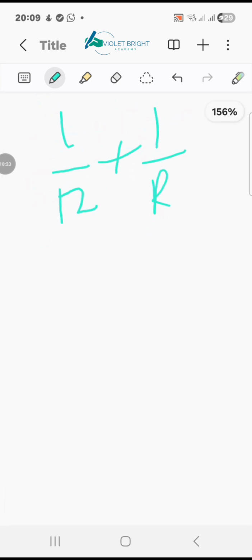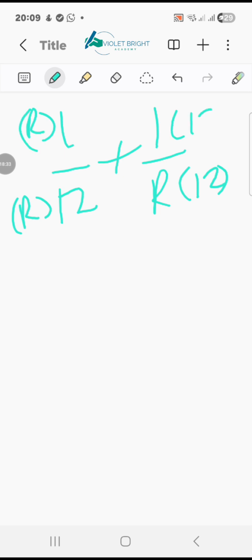So 1 over 12 plus 1 over r. Let's treat r as a variable. We have to find the LCD, which is 12r, so 12 times r. We multiply each fraction by the opposite denominator, which gives us 12 over r.